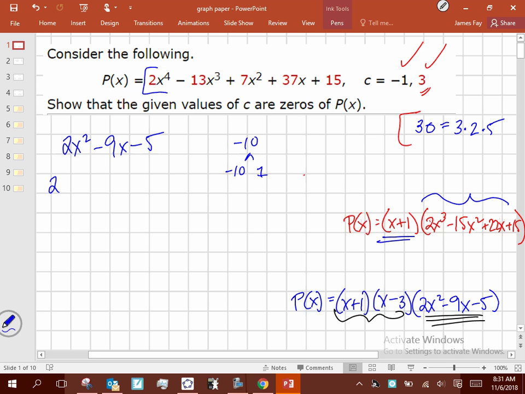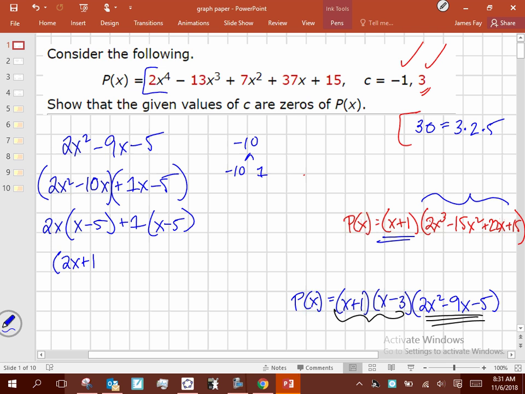So I'm going to rewrite this as 2x squared minus 10x plus 1x minus 5. Group the first 2, group the last 2, factor a 2x out of the front. That's going to leave me with x minus 5. Take a 1 out of the back. So that factors as 2x plus 1 and x minus 5.